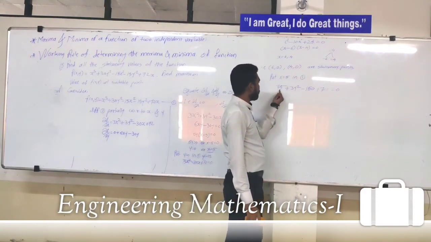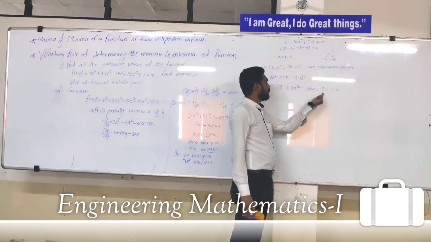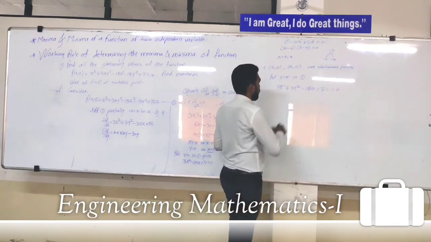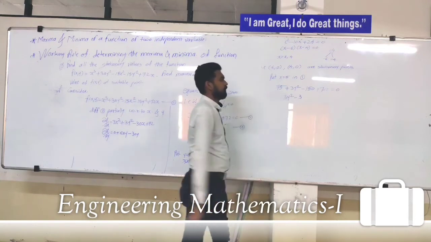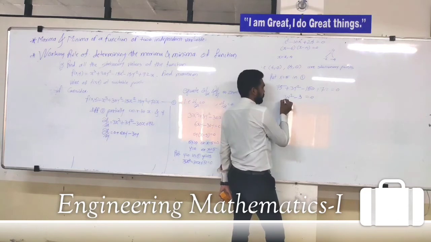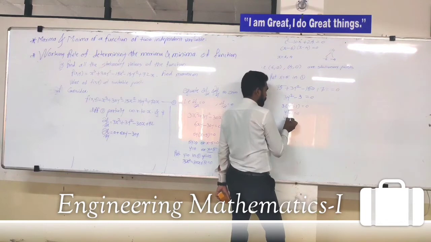So काय ते बघा 75 plus 72 minus 150. 75 आणि 72 किती येणार आहे, 147 minus 150, म्हणजे इथे 3y square minus 3 is equal to 0. 3 जर कॉमन घेतला तर y square minus 1 is equal to 0 मिळेल. बरोबर, 3 जर इकडे शिफ्ट केला that is y square minus 1 is equal to 0, y square is equal to 1, y is equal to plus minus 1.